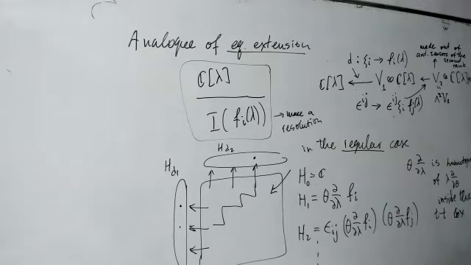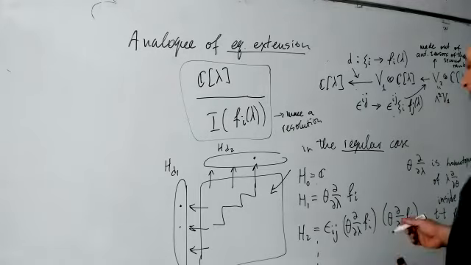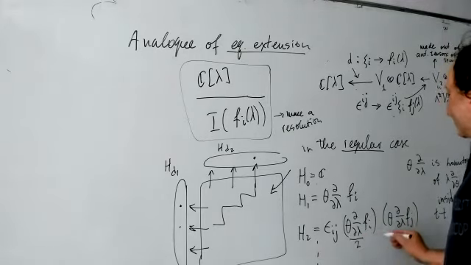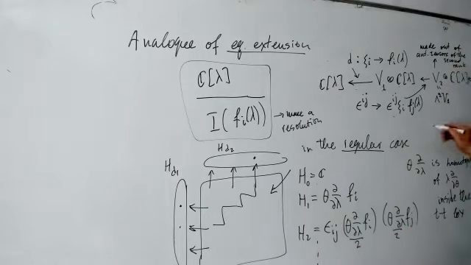Actually, if f_i has some degree, I have to divide by the degree. So strictly speaking, I have to divide by 2. It's because theta d over d lambda, lambda d over d theta, is of course lambda d over d lambda plus theta d over d theta. So this is a degree, and here the degree is 2. But this is a detail.